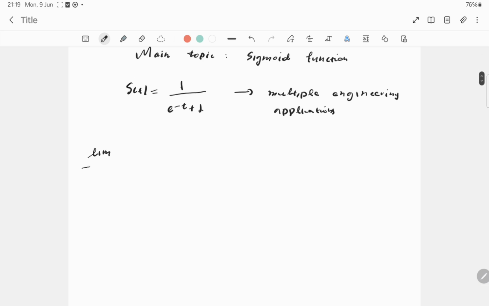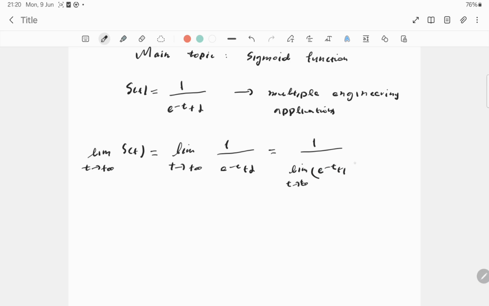The limit as t grows to plus infinity of the function is the following. As t grows to infinity, I have 1 over the limit as t grows to plus infinity of e to the minus t plus 1.